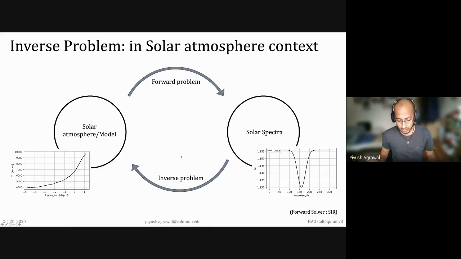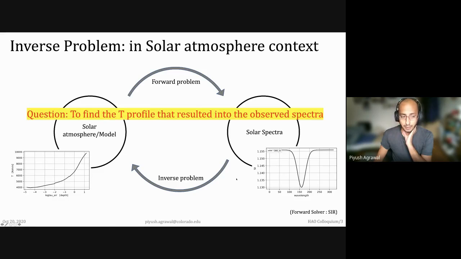The basic idea with inversion is that you cannot directly measure the solar atmosphere, so you rely on an indirect method to infer the solar atmosphere using the solar spectra. In summary, the question is to find the temperature profile that resulted in the observed spectra.